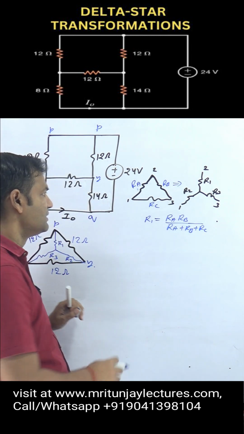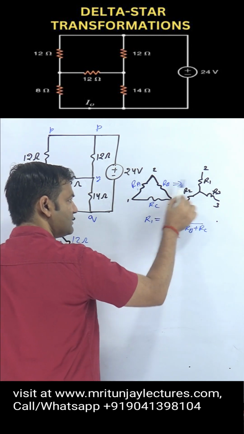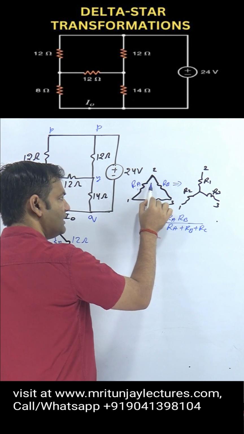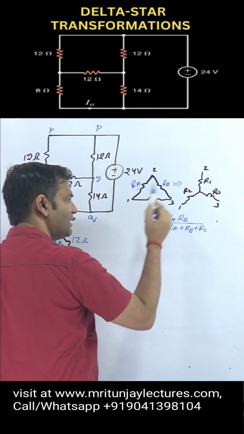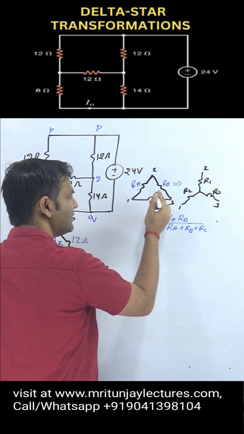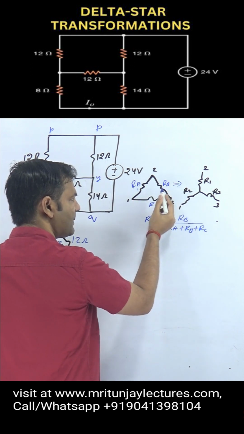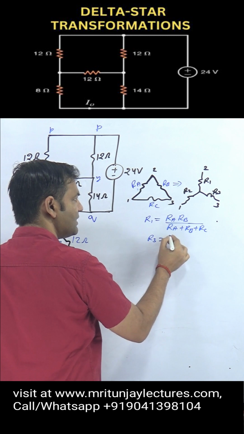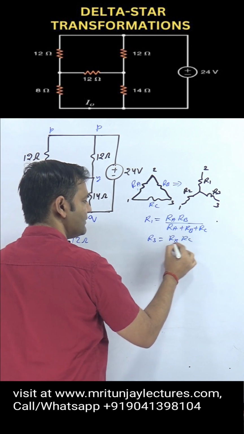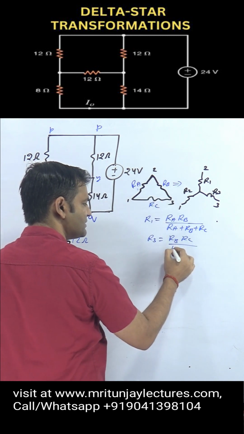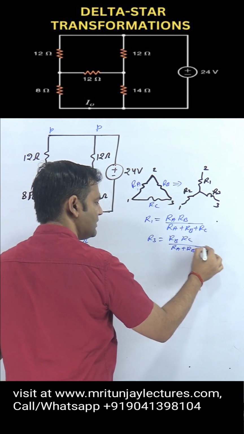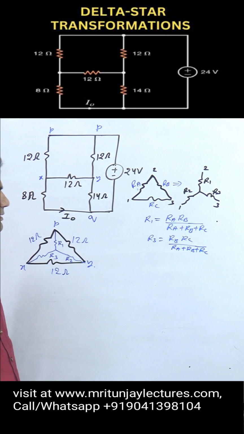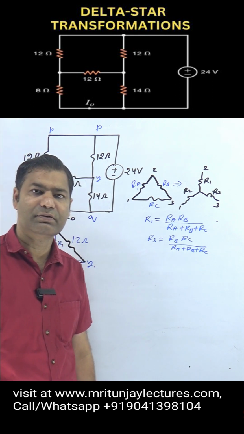Similarly, R3 is written as RB RC divided by the sum of these three resistances, RA plus RB plus RC. Clear or not? Very simple.